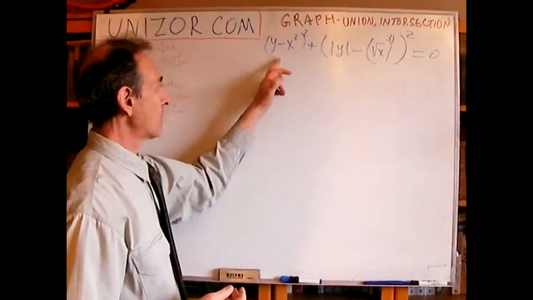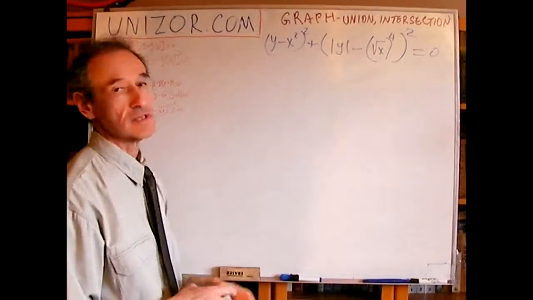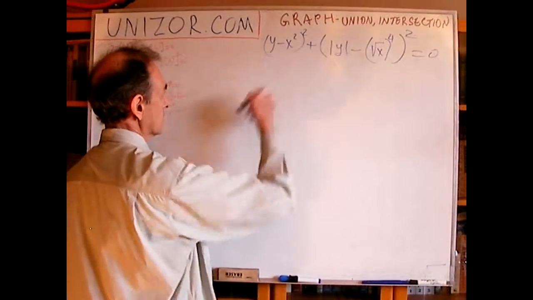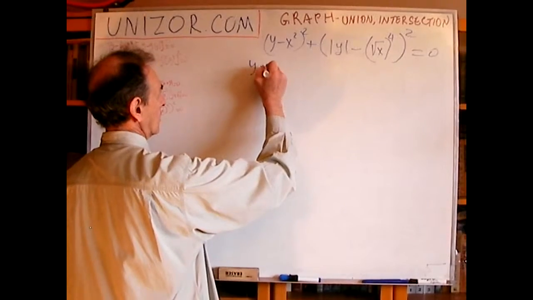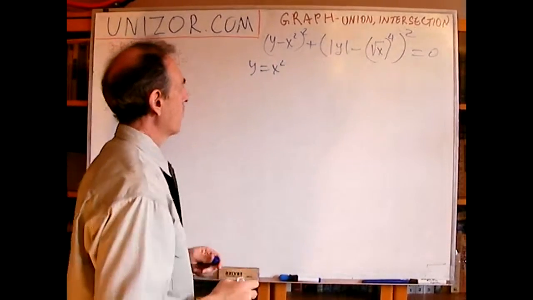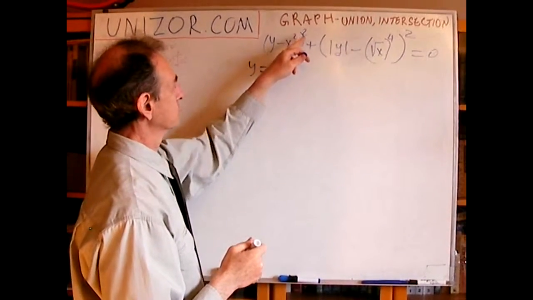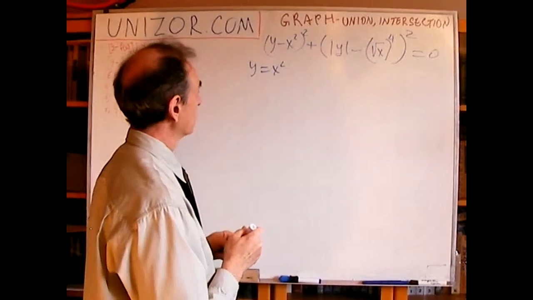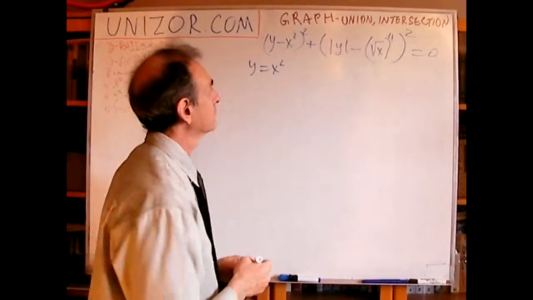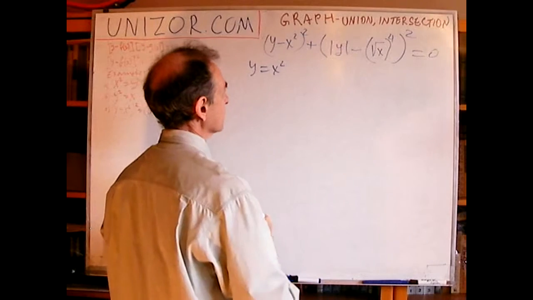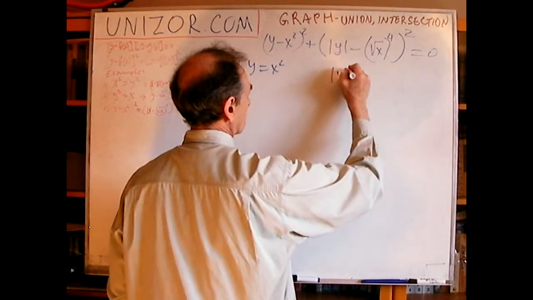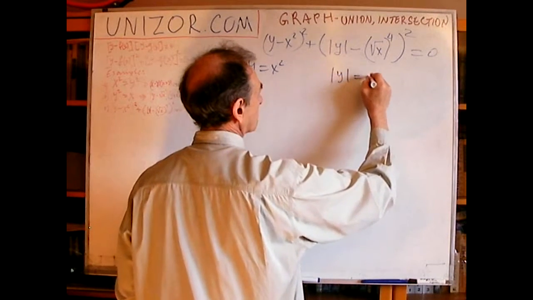So we have to separately consider the graph of each. This one is obviously y equal to x squared, and that's the regular parabola. And how about this? Well, let's write it this way.